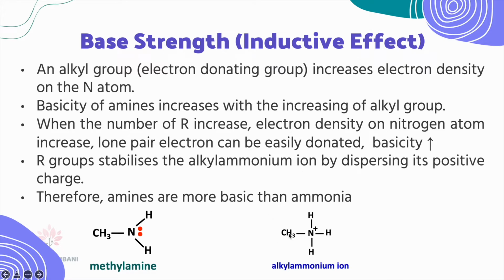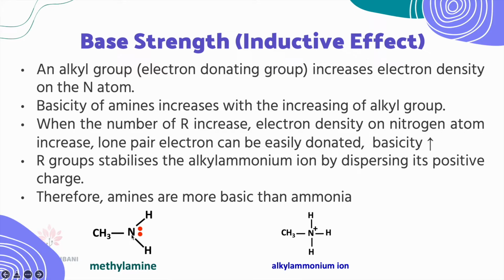So here, the CH3, the electron donating group, it can increase the electron density because it is electron donating group, so it donates electron, makes this N has higher electron density.